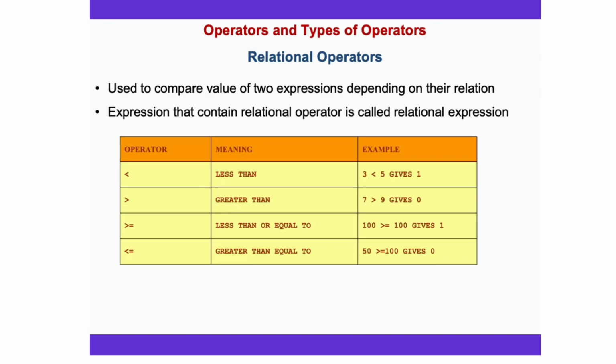For example, 3 less than 5 produces the output 1. 7 greater than 9 gives 0 because 7 is smaller than 9, so the statement is false. The third one, 100 less than or equal to 100: yes, it is equal, the statement is true, so it gives 1. The other operators do the same work.